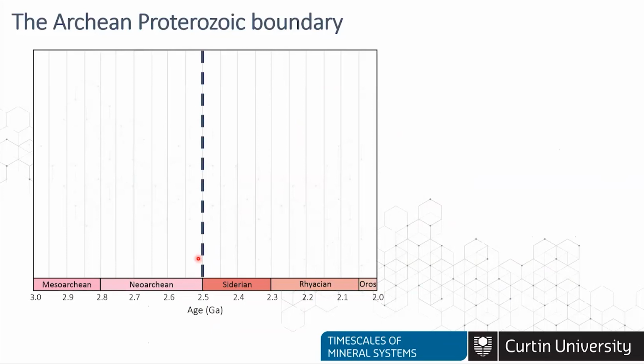So to understand what Earth may have looked like or what processes have been operating 2.5 billion years ago, we often rely on clues from the geochemical record, as this is often the only preserved evidence from this time span. So what I'm going to do is talk you through a number of geochemical proxies that indicate changes around the Archean Proterozoic transition, and then what they may tell us.